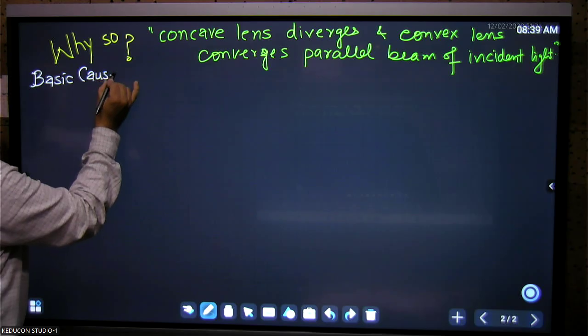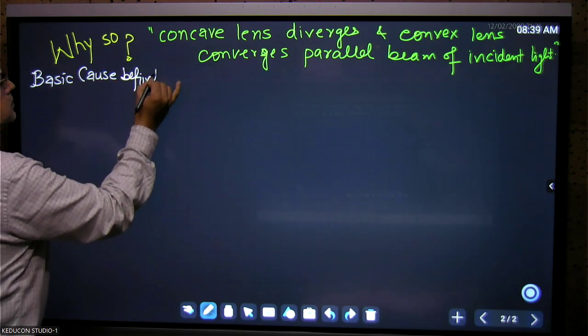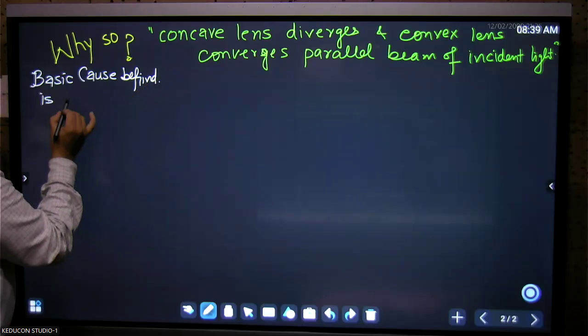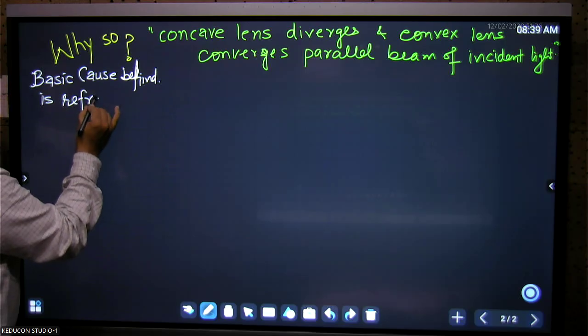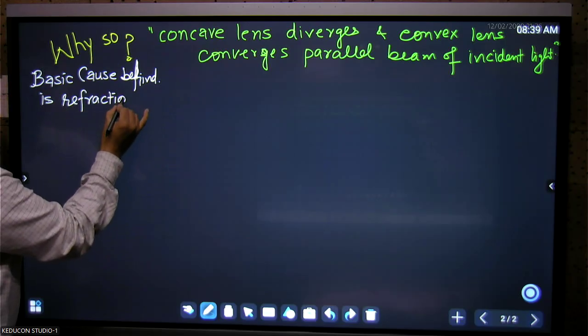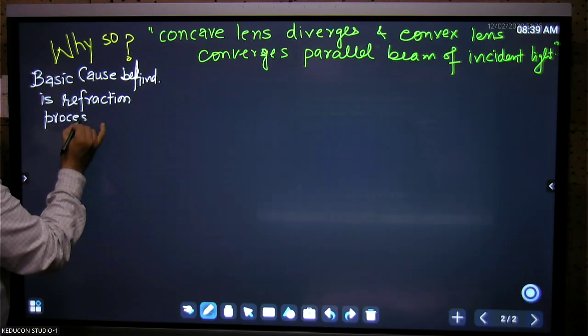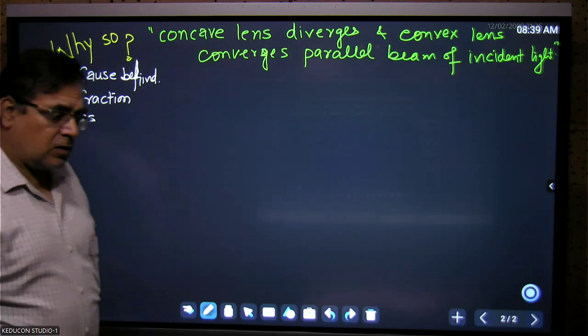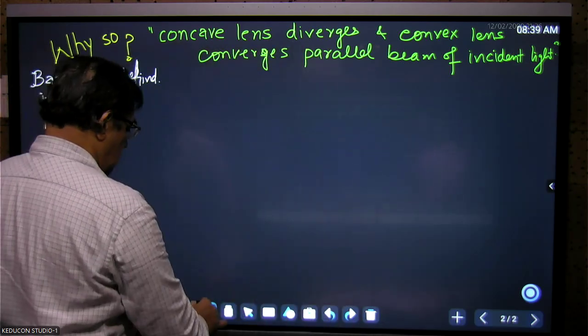The basic cause behind this is refraction, an optical phenomenon. Refraction, an optical phenomenon. Let's go into the deeper details.